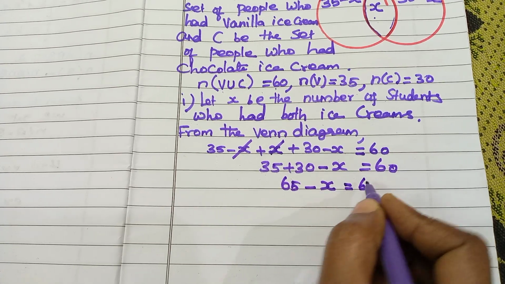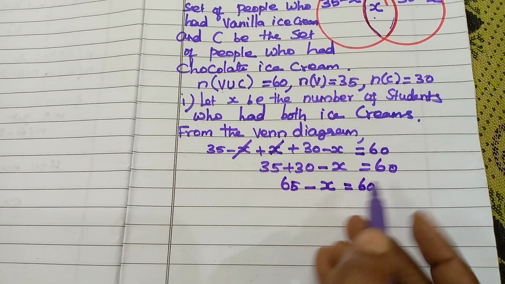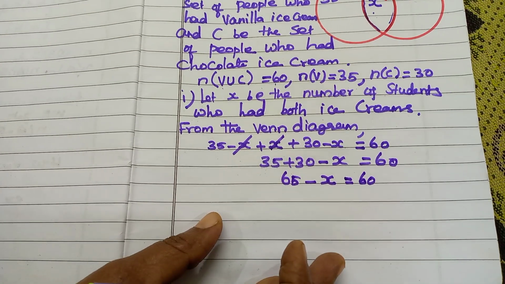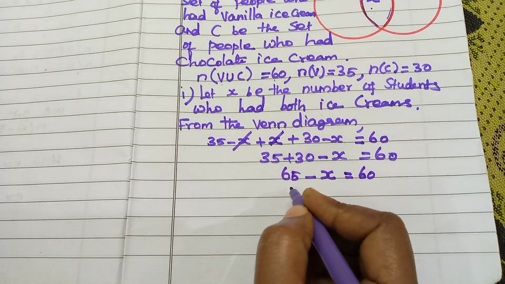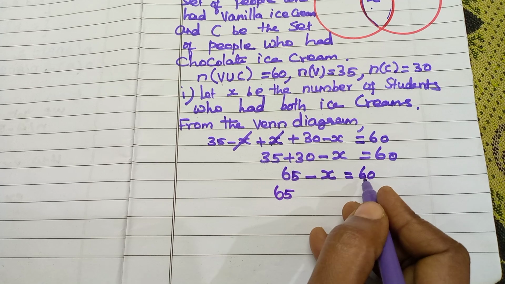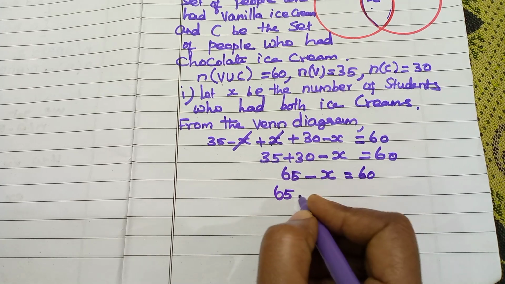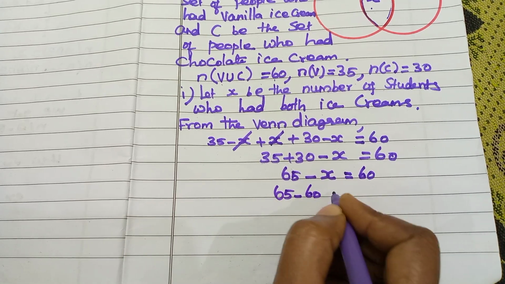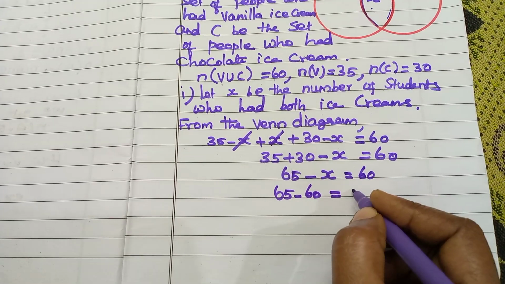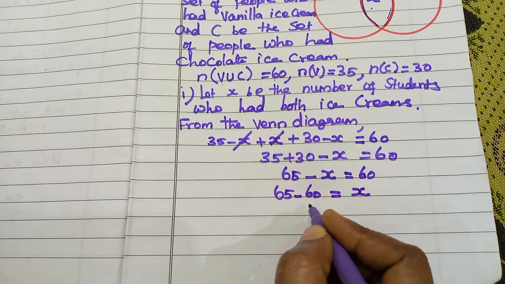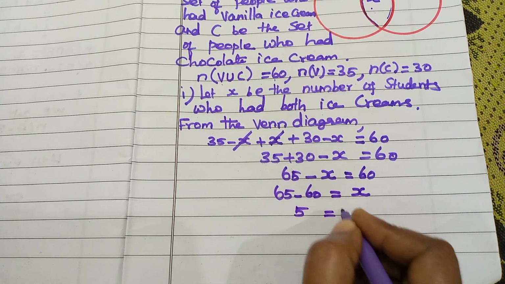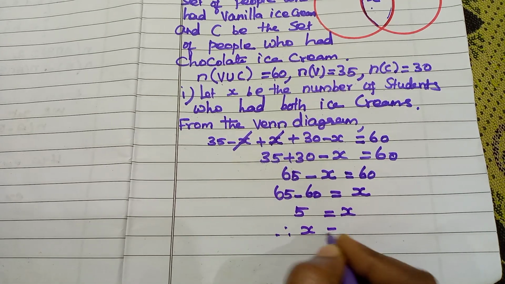Now this X, bring that side. So this minus X, when we change the side, it will become plus X. This number term, take one side. So 60 bring here; this plus 60, when we bring this side, it will become minus 60, is equal to, when we take this minus X to the right side, it will become plus X. Now 65 minus 60 equal to X. That is 5 is equal to X. Therefore, X is equal to 5.